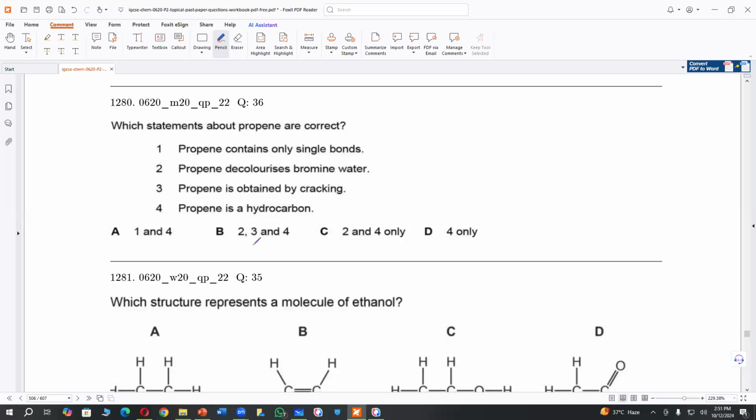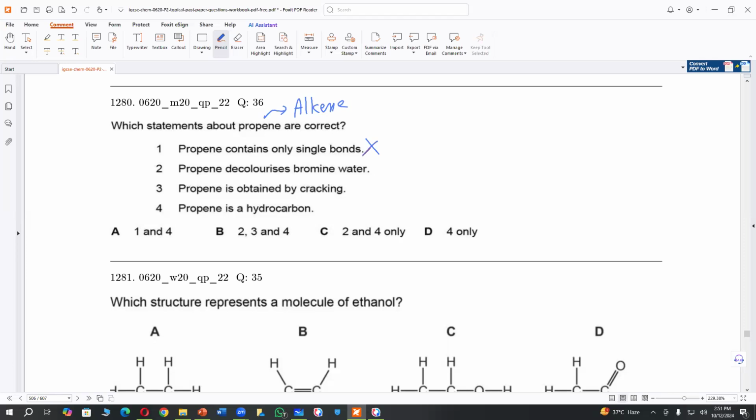Which statements about propene are correct? Propene contains only single bonds. Propene is an alkene. It's 2 and 4.